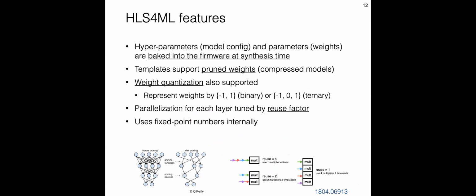One thing I should mention is that you can do weight quantization, as in the third bullet. It represents weights by -1 or 1, or -1, 0, 1 in a ternary network, instead of full floating point or fixed point precision numbers as weights. So it drastically reduces the multiplications in the network. And the final point is that the project usually uses fixed point numbers, not floating point, because FPGAs execute much faster with fixed point.